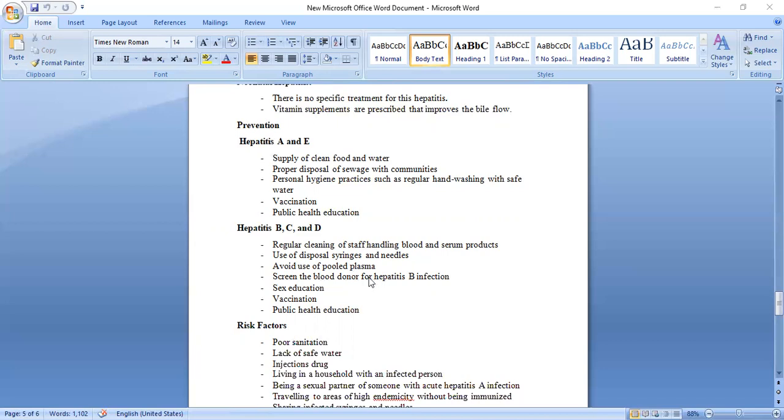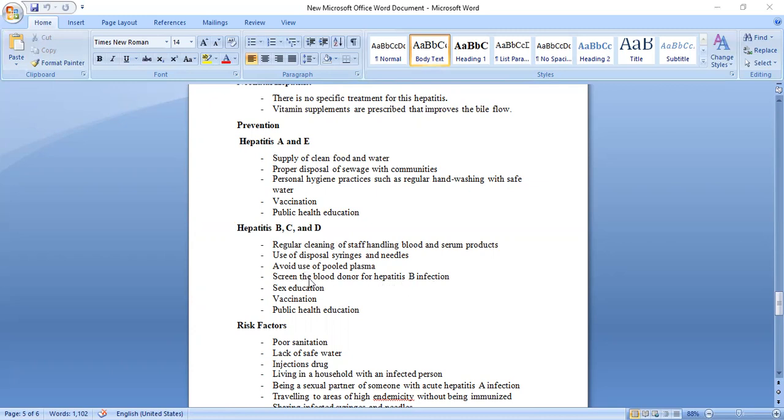Avoid the use of cold plasma. Screen the blood donor for hepatitis B infection. If someone is a donor, you should examine that the blood is free from hepatitis B infection, because B, C, D are transmitted mainly from blood and serum.